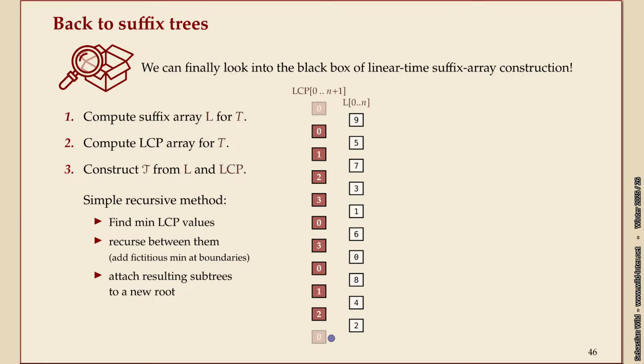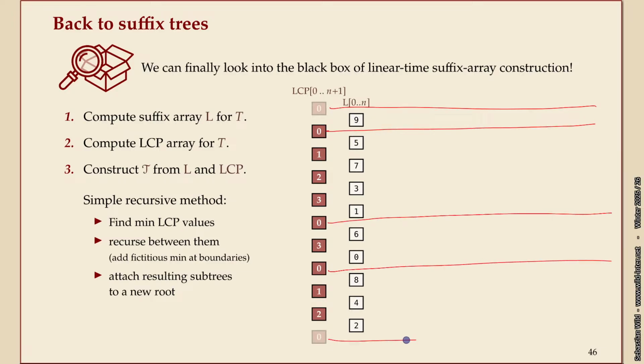So the minimum will be 0. And it might occur several times. Specifically, there's a 0 here, and a 0 here, and a 0 here, and the dummy 0 here. That's going to be the top level split for essentially the root. So there will be a root. I'm drawing it a bit elongated so that the labels, the edges to the children are a bit easier to see.